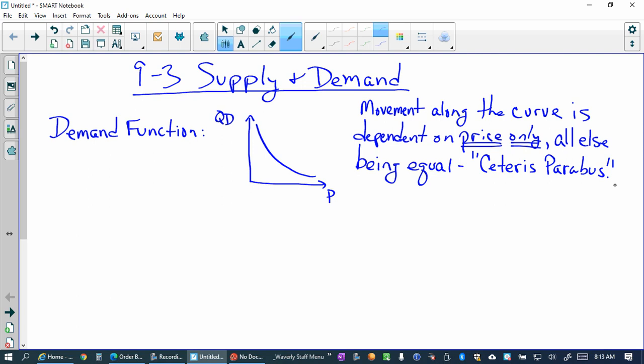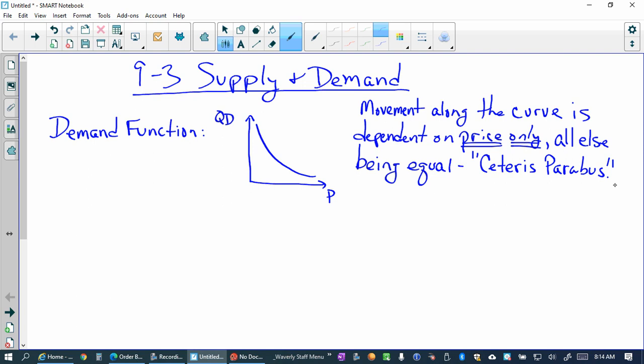There are other determinants, though, right? What else could affect how much of something you demand? Like your expectations, right? What about your income? Maybe you lose your job, or the town's factory goes out of business or something like that, and a lot of people are out of work.